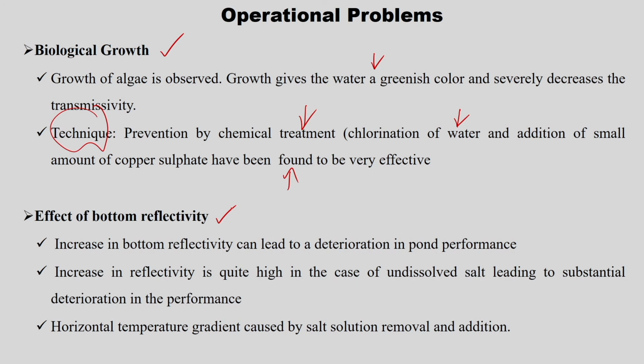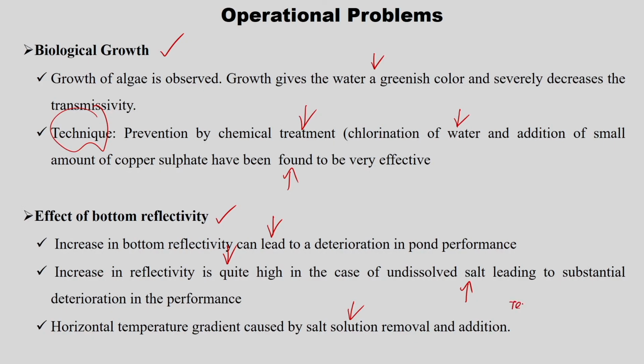Effect of bottom reflectivity: an increase in bottom reflectivity can lead to a deterioration of the pond performance. The increase in reflectivity is quite high in the case of undissolved salt, leading to substantial deterioration in performance. A horizontal temperature gradient can cause disturbance, which is created by salt solution removal and addition.